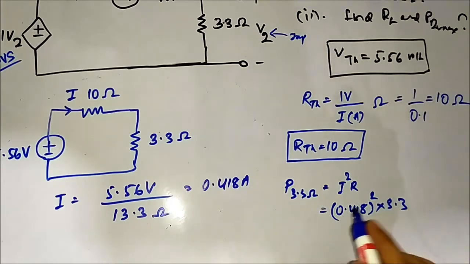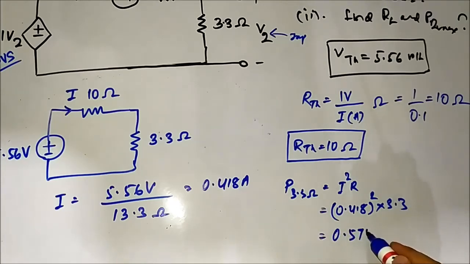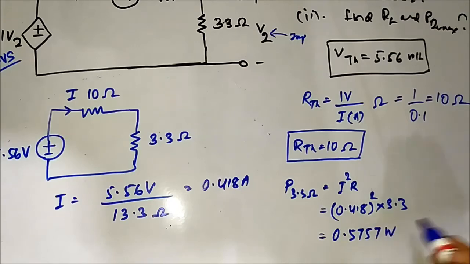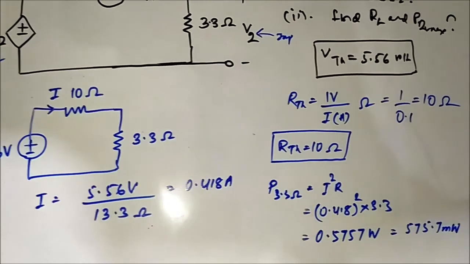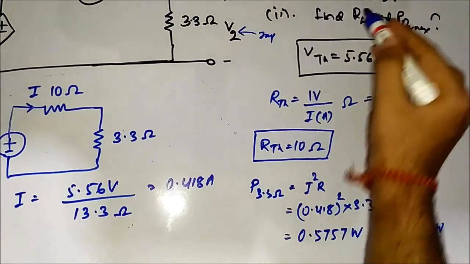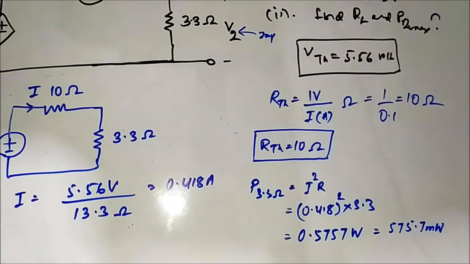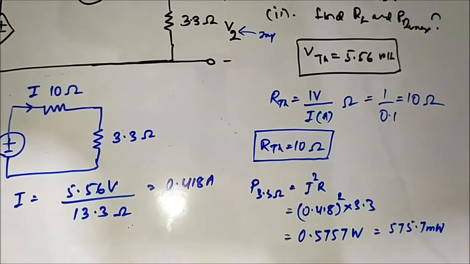Okay, sorry, 575.7 milliwatt. So it is coming 0.5757 watts, which is equal to 575.7 milliwatt. Okay, so we have got the first part, P 3.3 ohm, power absorbed by the 3.3 ohm resistor.